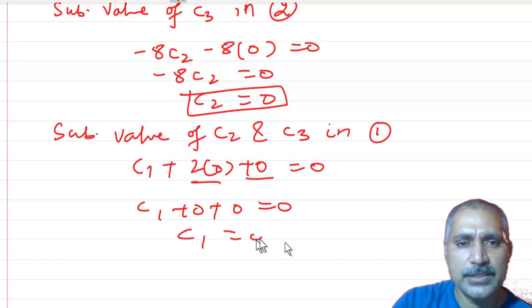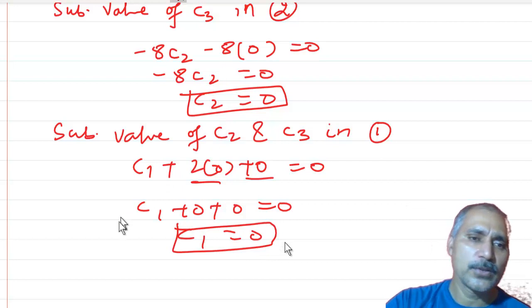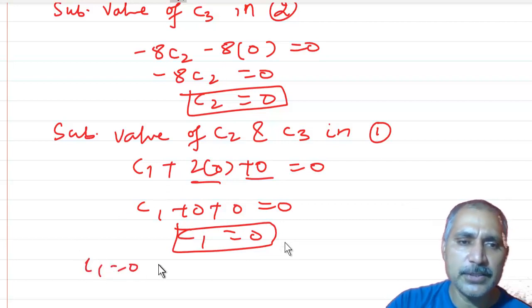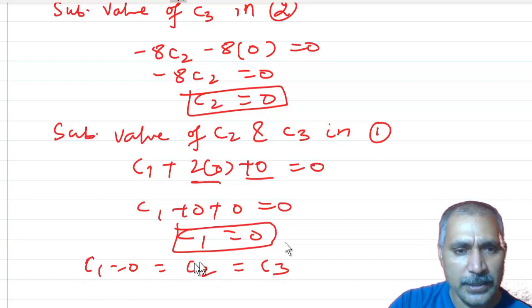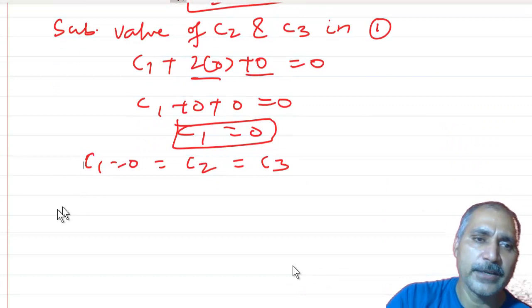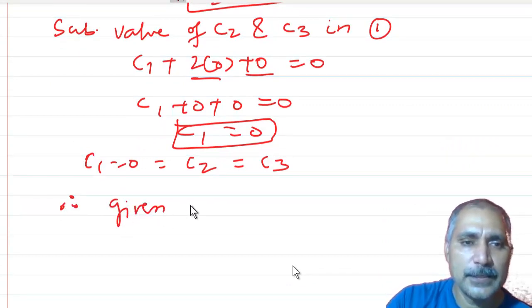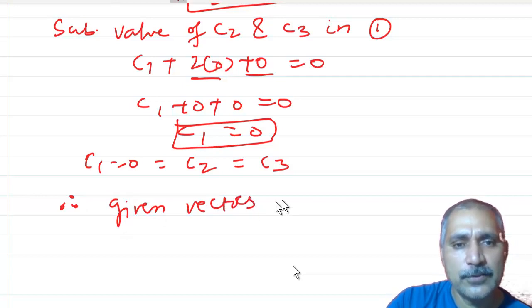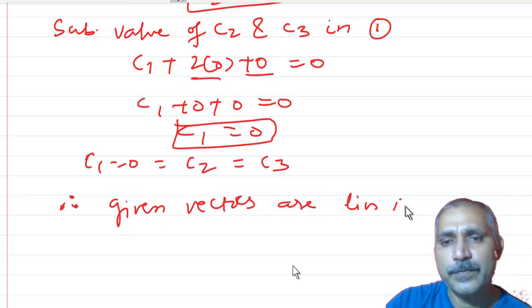This implies C1 is equal to 0. Is it clear? So we have got C1 is equal to C2 is equal to C3 is equal to 0. It clearly indicates that the given set of vectors are linearly independent. Therefore, the given vectors are linearly independent.